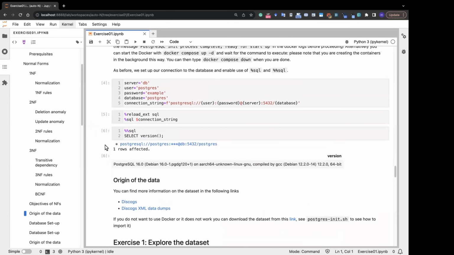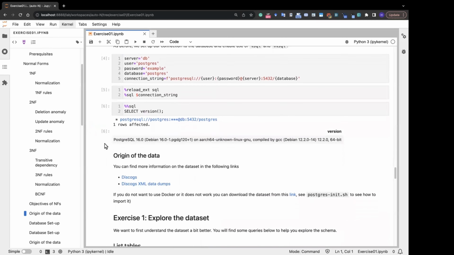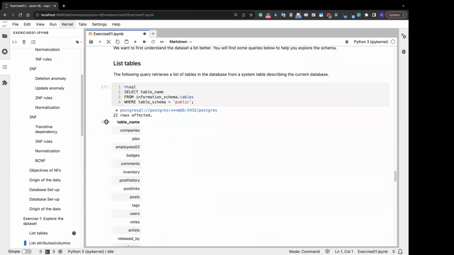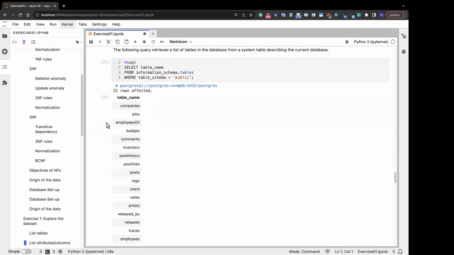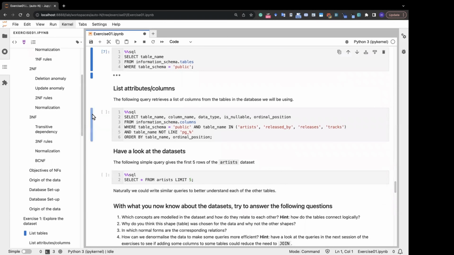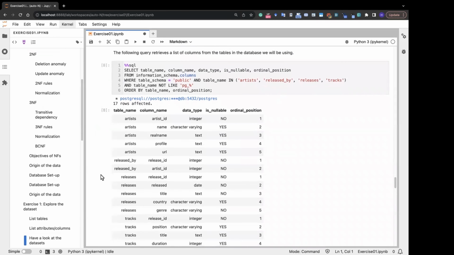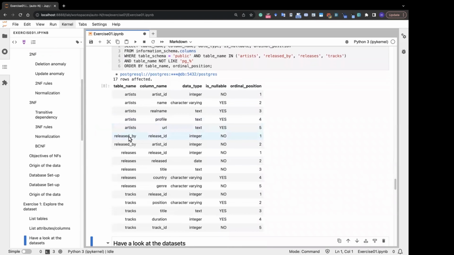So basically, we can execute some queries on the metadata of the tables to see what the tables look like. We have basically four tables, right?